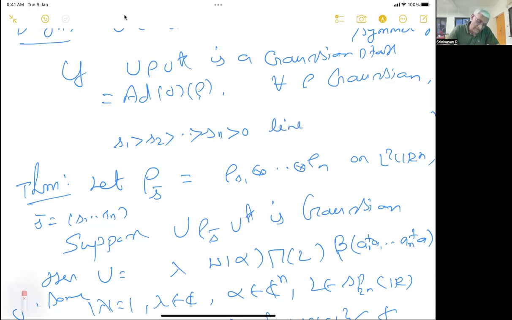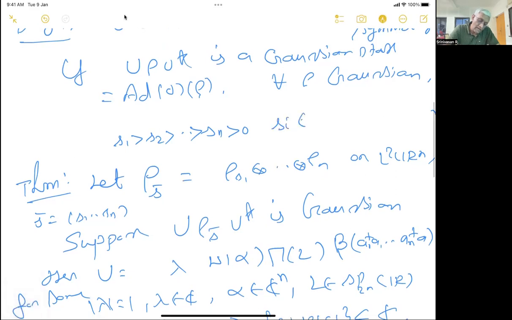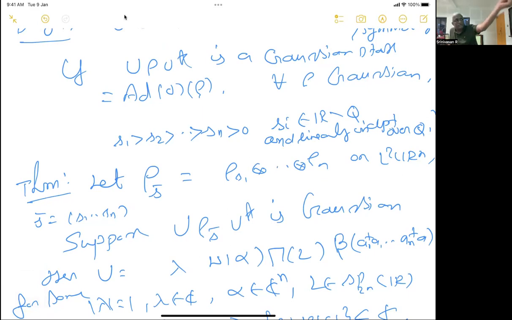Si are in R minus Q, they are irrational and linearly independent over Q. The real number system is an infinite dimensional vector space over Q. It's one dimensional over R, but over Q it's infinite dimensional. So you can choose any number of these which are linearly independent.